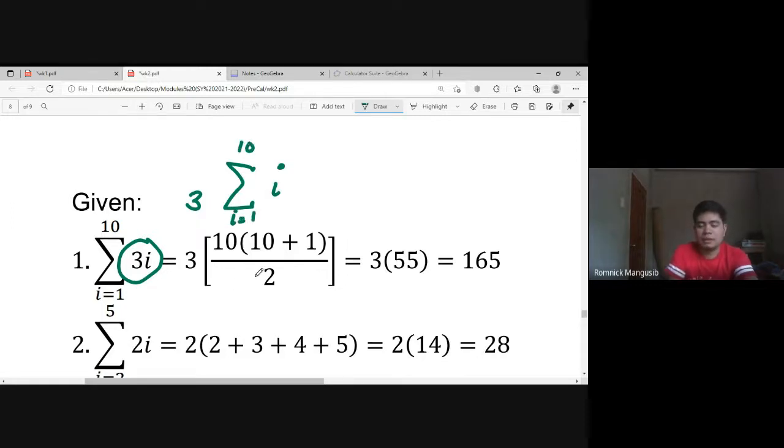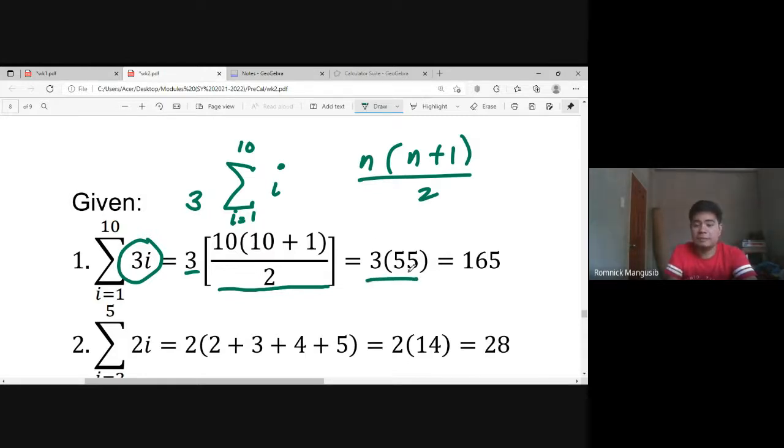Kaya makikita nyo class, nakaseparate ang 3 and then you are now solving for the summation of I. At dahil nag-start yan sa 1, so pwede mo nang gamitin yung formula na n times n plus 1 divided by 2. Nag-start ka kasi sa 1 yan, so n is equal to 10. So 3 times 55 is 165. That's the total.